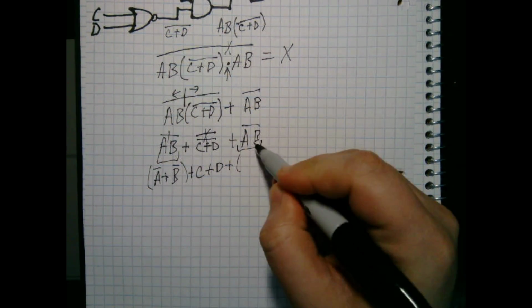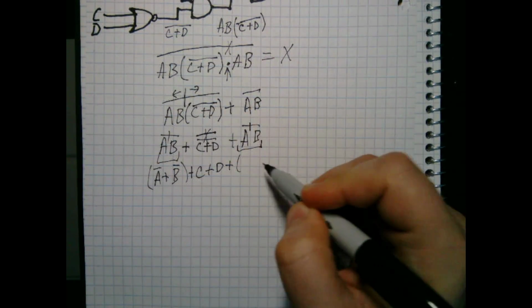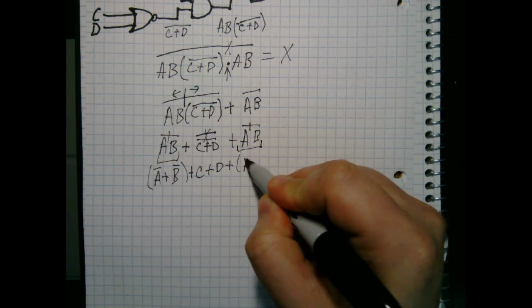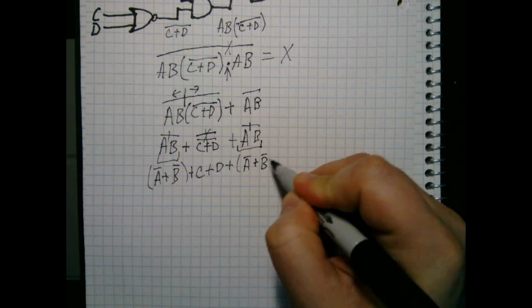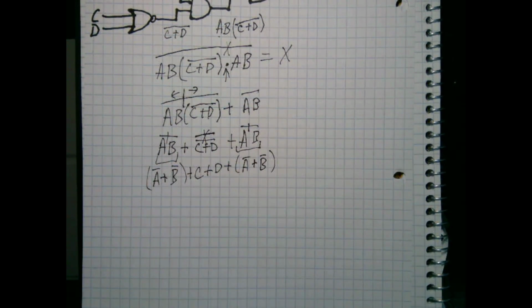Split the bar down the middle. A gets a bar, B gets its own bar. The AND flips to an OR. And we are left with that equation there.